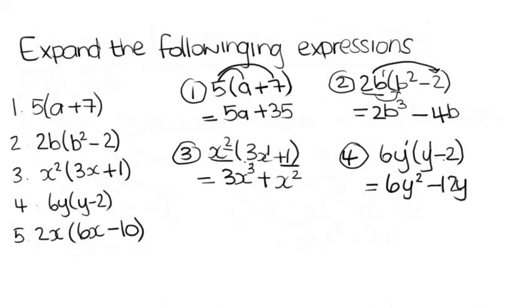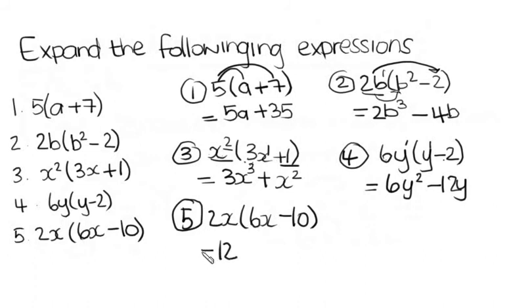Right. Then the last one, question 5. I have 2x, open bracket, 6x minus 10. Okay, 2 multiplied by 6 gives me 12. x multiplied by x gives me x to the power of 2.